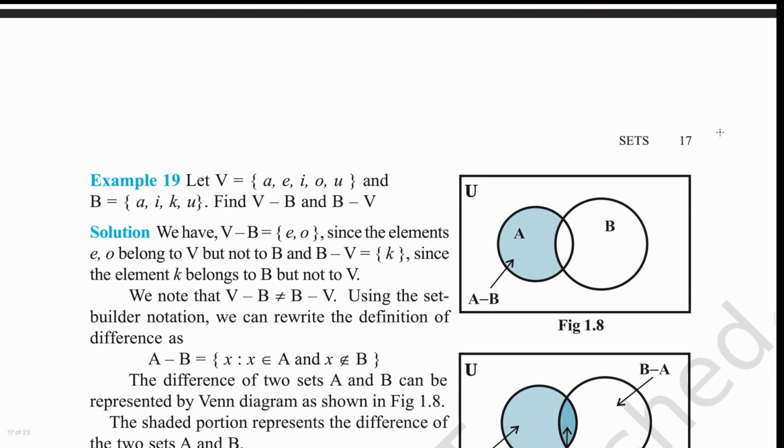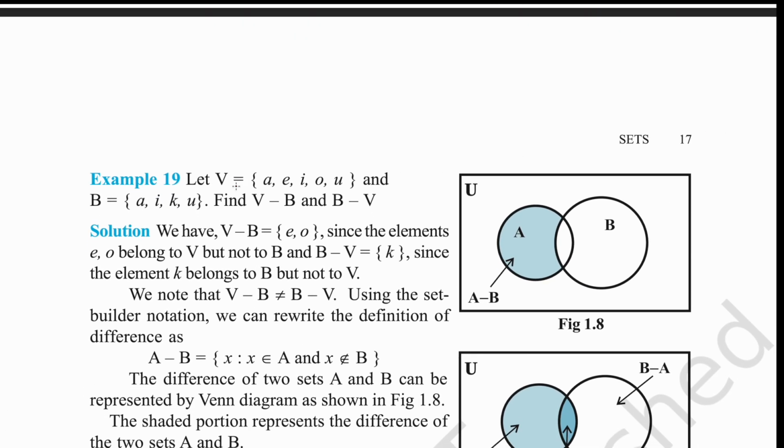Okay, now let's see some examples. You have a set V given as A, E, I, O, U. You have another set B given as A, I, K, and U. So we want to find V minus B. That means we want to include all the elements of V and remove all the elements which are common between V and B. So first let's identify which are the elements that are common.